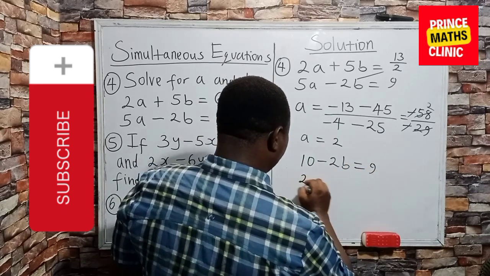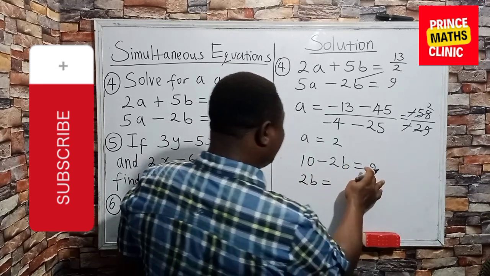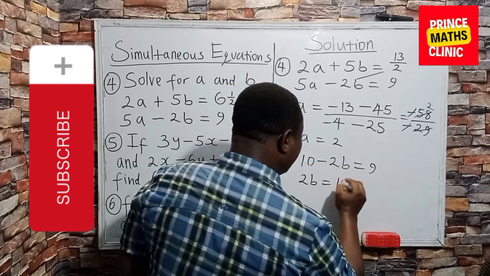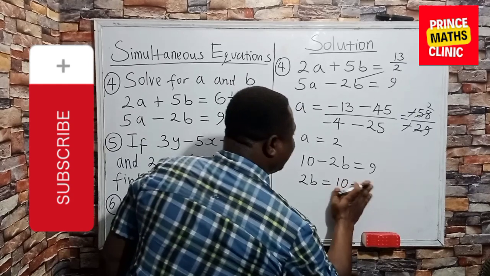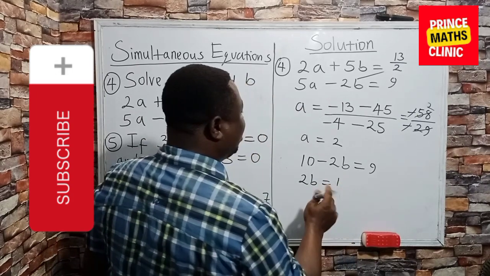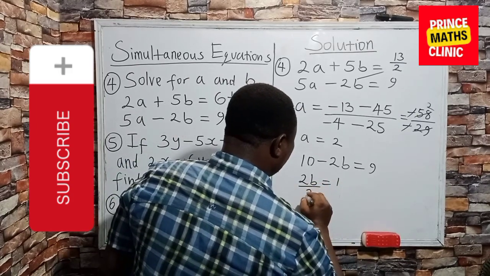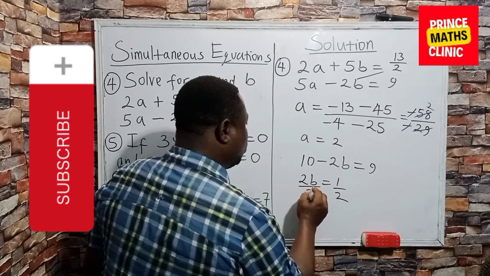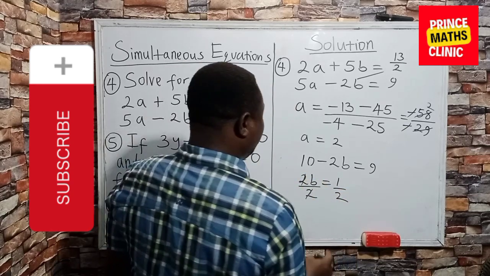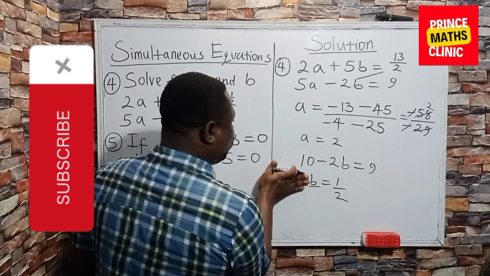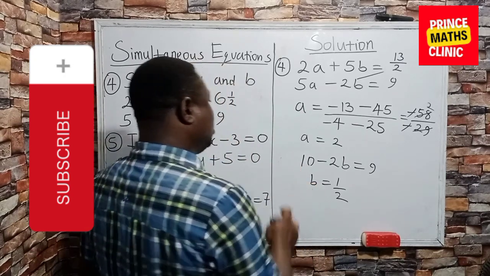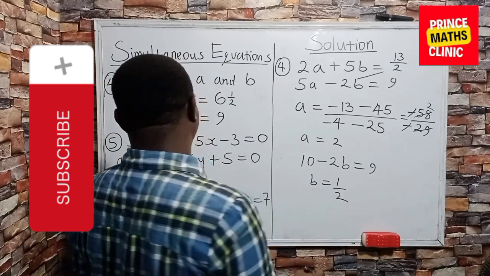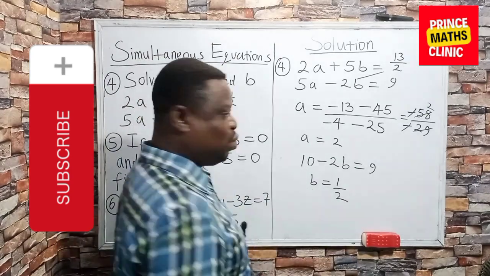It becomes positive 2B. If minus 9 crosses here, it becomes minus 9. This is 10 minus 9. And 10 minus 9 is 1. So I'll leave it as 1. So if I divide both sides by 2, 2 will cancel 2. Therefore, B becomes 1 over 2. That's the value for B. So A is 2 and B is 1 over 2.